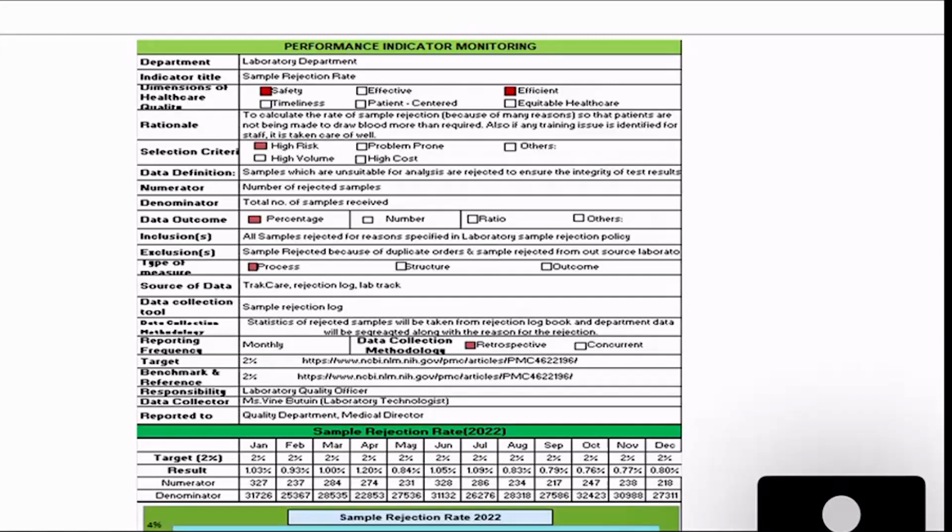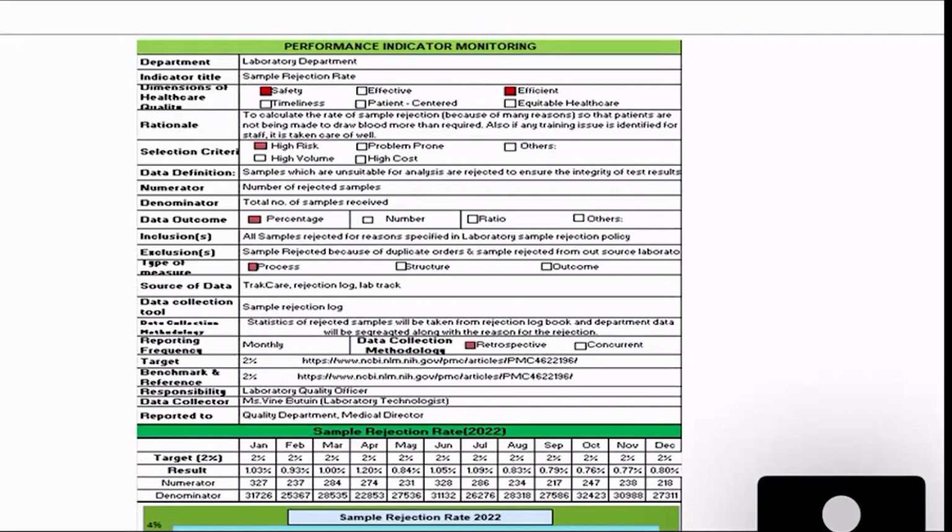Collecting in different containers is another reason. Sending it in different transport containers, at different timings, insufficient sample, or wrong labeling when collecting a sample are also reasons. If we don't focus on this indicator, we may miss out on those wrong labeling scenarios.